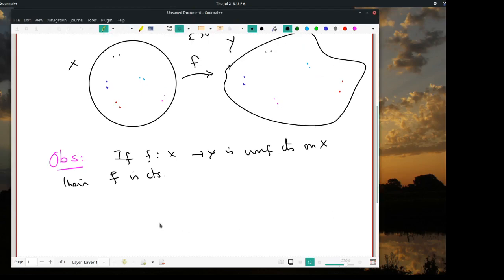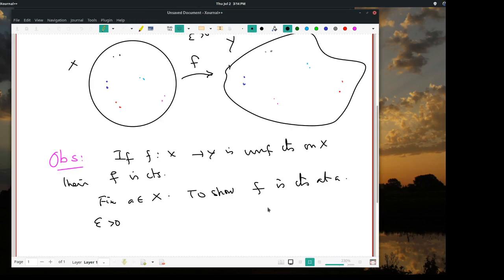To prove f is continuous, what should I do? Fix a point a, take any arbitrary point, then I have to show f is continuous at a. To show this, you will give me an epsilon positive, then I have to choose a delta.